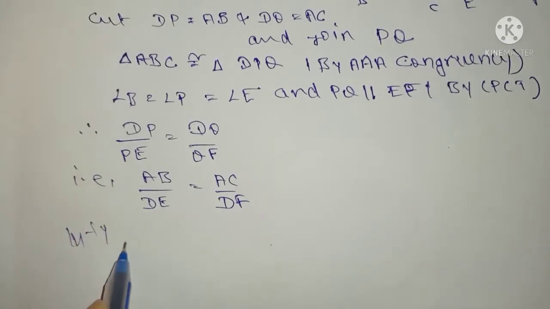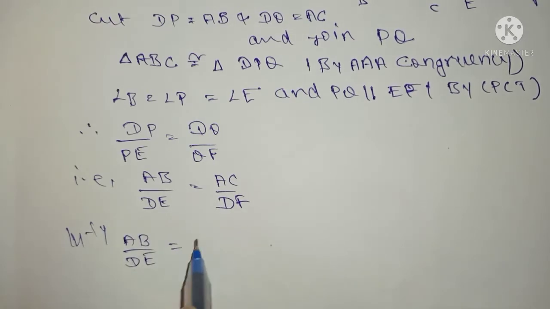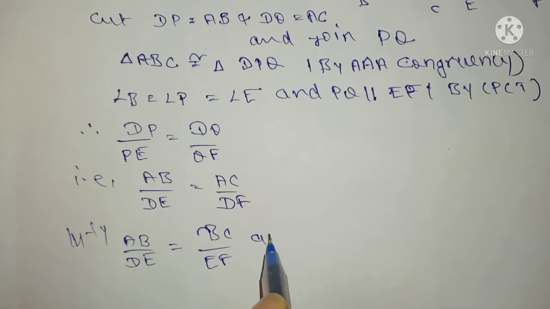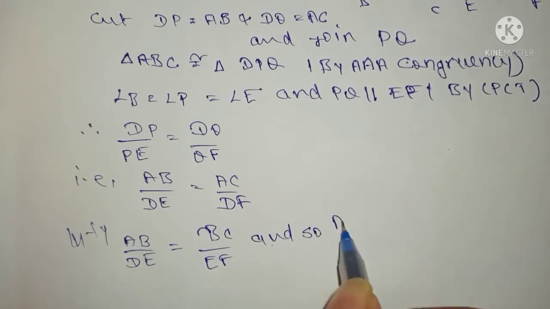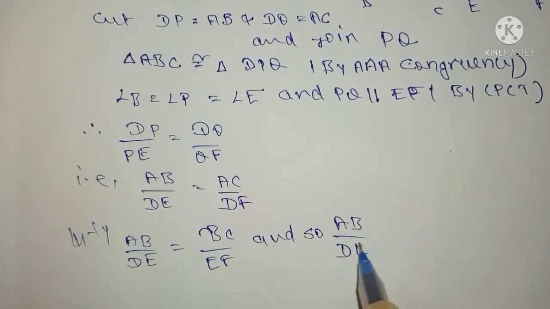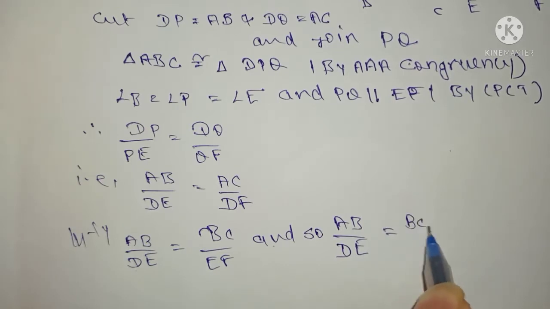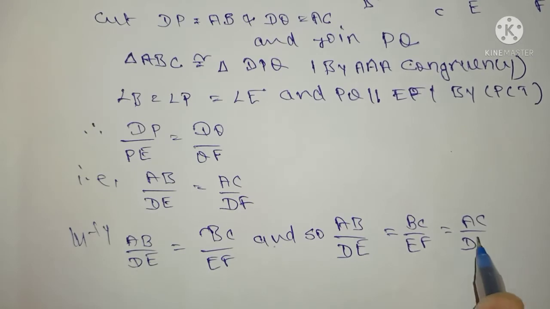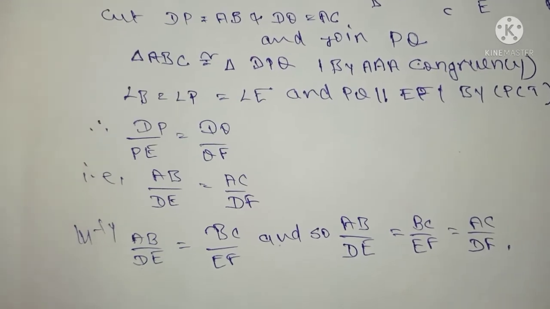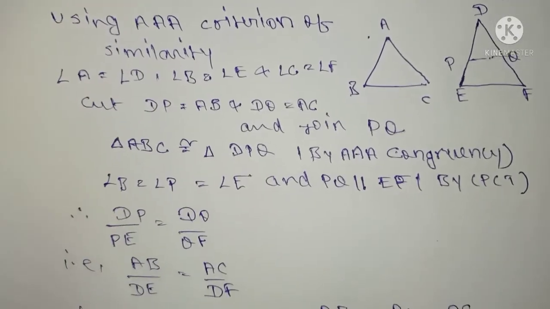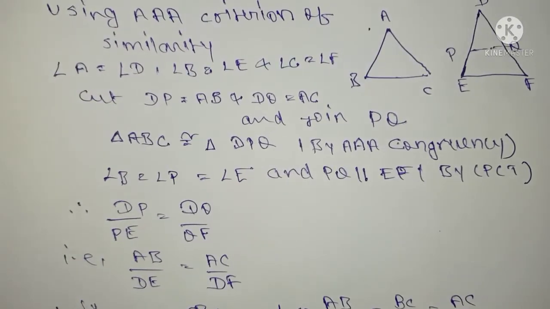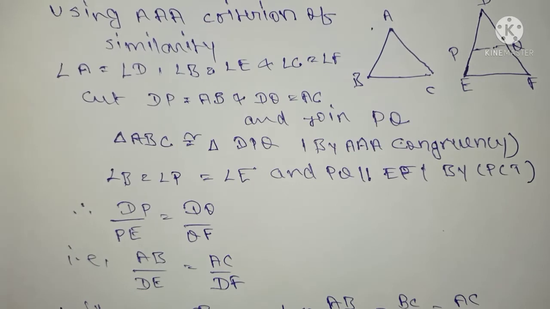Similarly, AB by DE is equal to BC by EF, and so AB by DE is equal to BC by EF is equal to AC by DF. Hence we conclude that the sides are in proportion, therefore these are similar triangles.